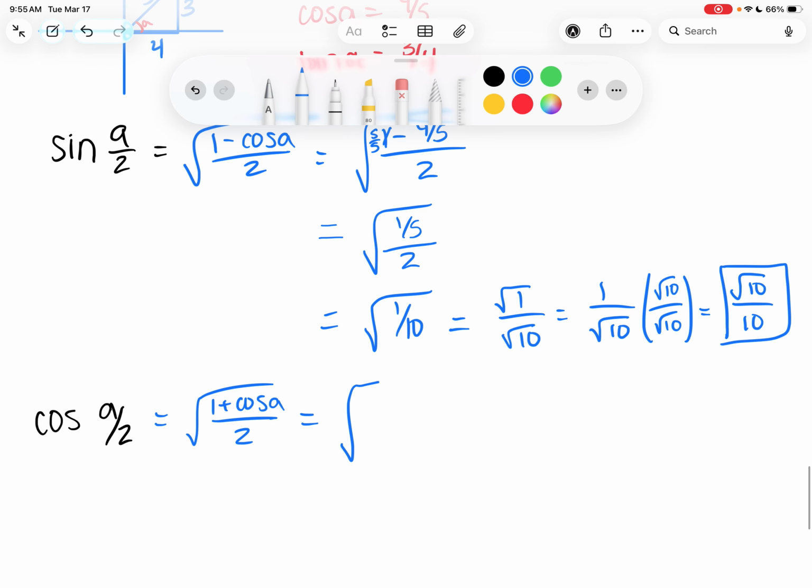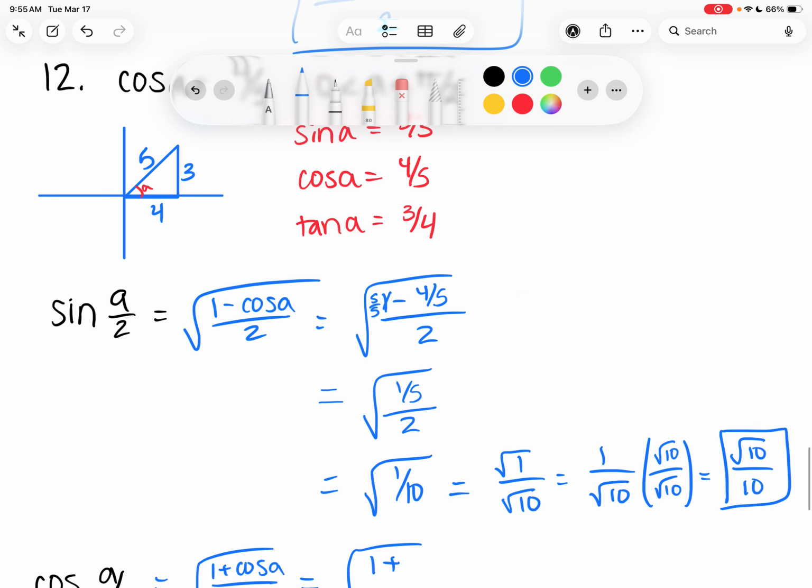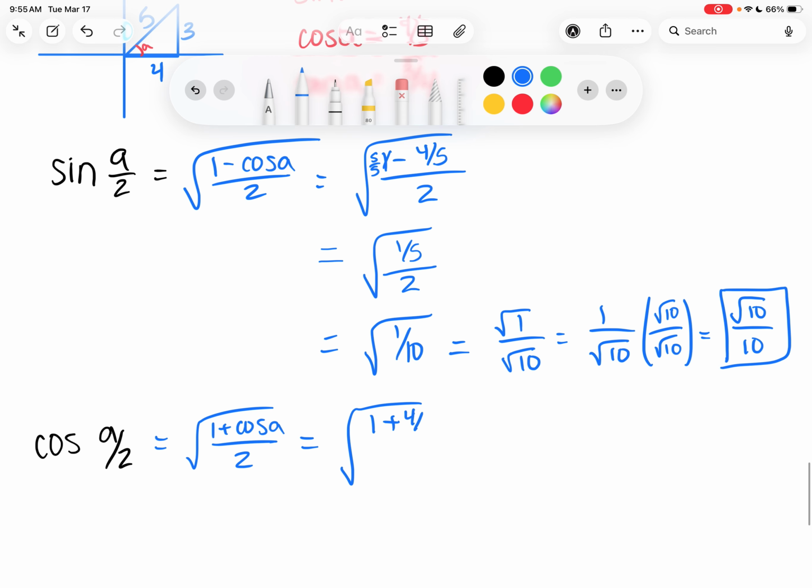So this is the square root of 1 plus 4 over 5 all over 2. 1 is 5 over 5, so this becomes the square root of 9 over 5 all over 2. Multiply by 1/2, and we get the square root of 9 over 10.